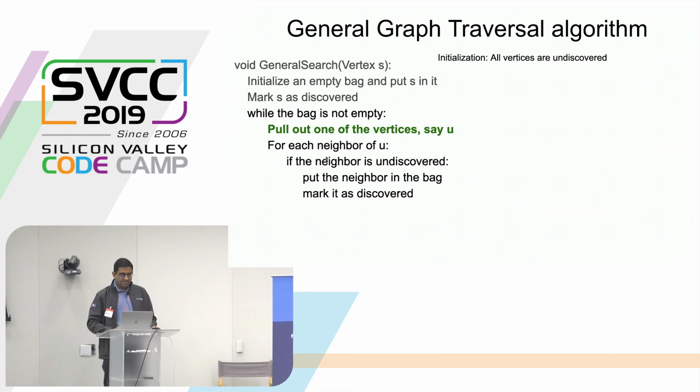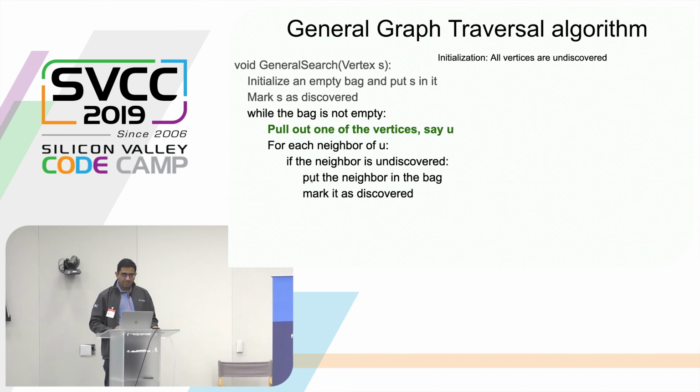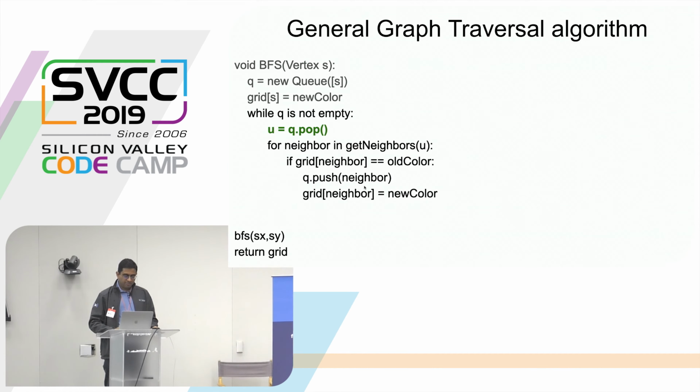If the neighbor was undiscovered, that is, if it had the old color, white in our example, what do we do? We add the neighbor to the bag and mark it as discovered. We add the neighbor to the queue and color it with the new color.